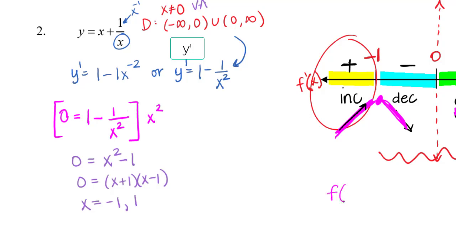Again, now we're talking about f of -1 and f of 1, so we're going back to the original function. Okay, so I have a relative max at the point (-1, -2), or a y value of -2, and I have a relative min at the point (1, 2), or relative min would be a y value of 2.